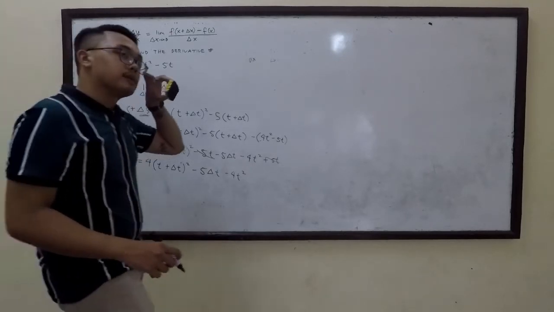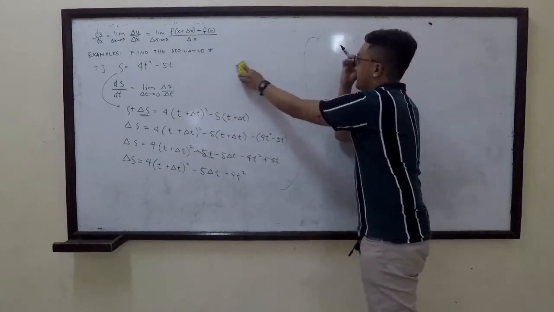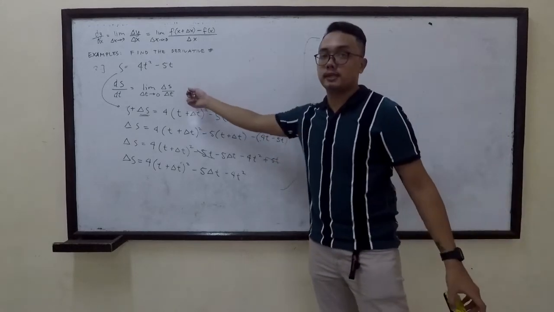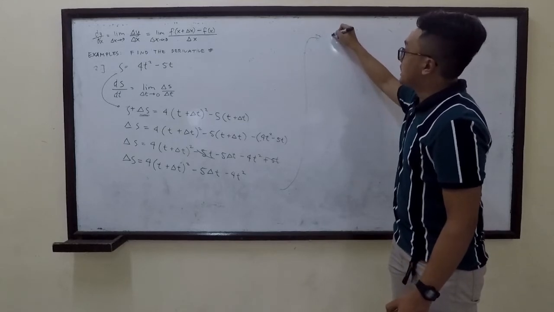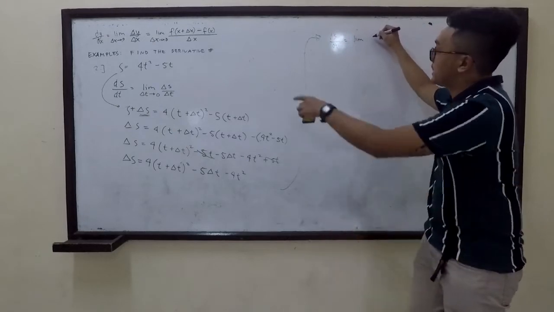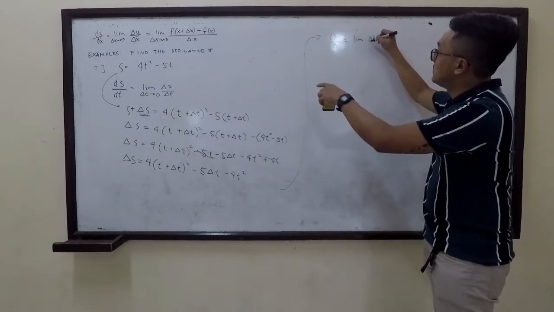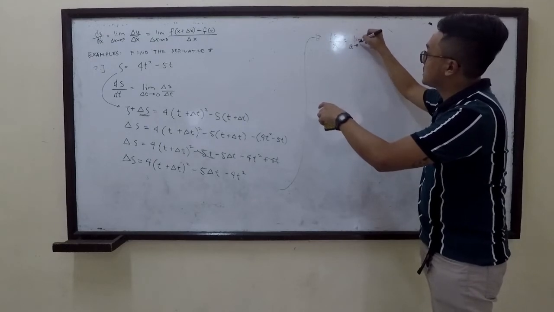Okay. So since we now have the value of delta s, we are going to perform this operation. ds over dt is nothing but the limit of delta s over delta t as delta t approaches 0.